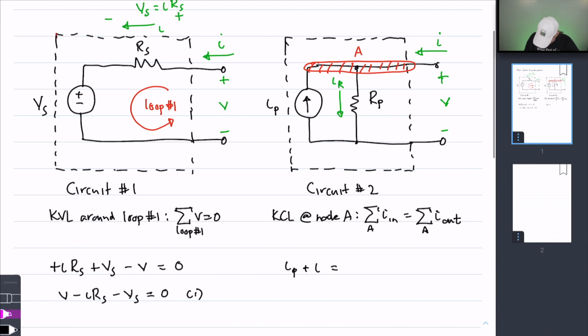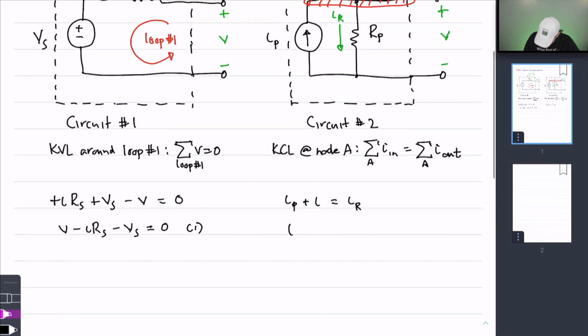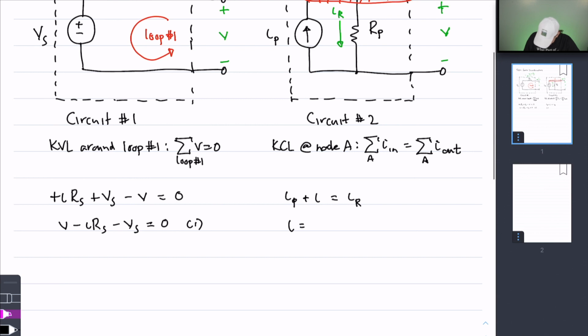Therefore, this is I sub R like this. One of the things that I can do is use Ohm's law to write down some equations here as well. And I can also isolate this I here by rewriting this as I is equal to I sub R minus I sub P.